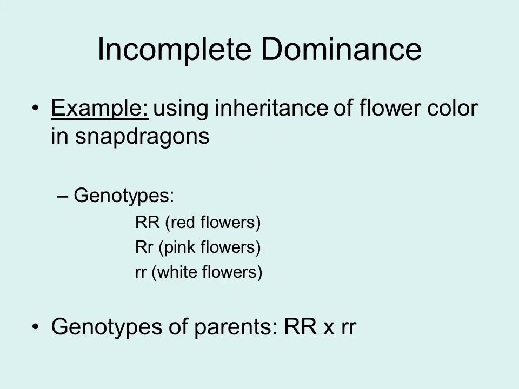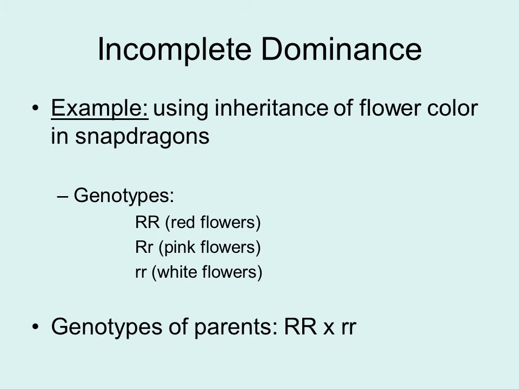The classic example is with snapdragons. Snapdragons do exhibit incomplete dominance. So you can have red flowers and you can have white flowers. If you cross a red flower with a white flower, what are the offspring going to have? Well, in this case, for the genotype, red flower is big R, white flower is little r, but it's incomplete dominance.